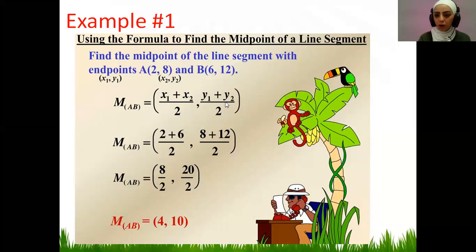And if you add the y's, 8 plus 12 is 20. 20 divided by 2 is 10. So this is the red point in the end. No need to show all the steps in detail like that. You can just write the rule, or you can write the last step, but the midpoint's coordinates should be written, of course.